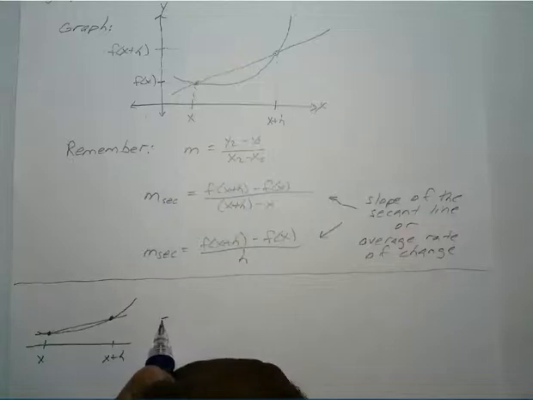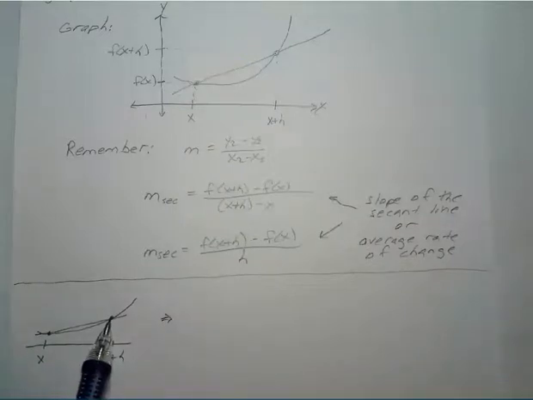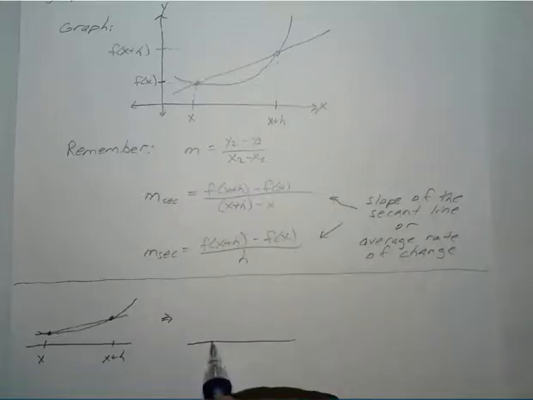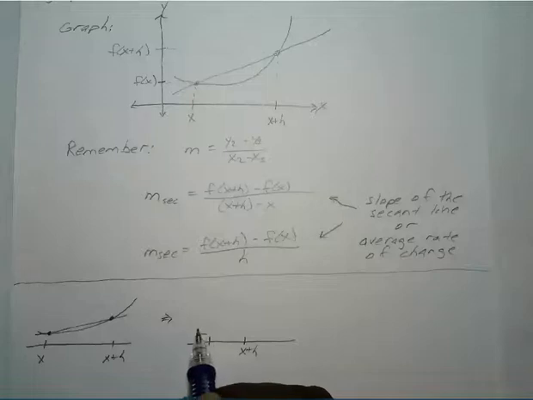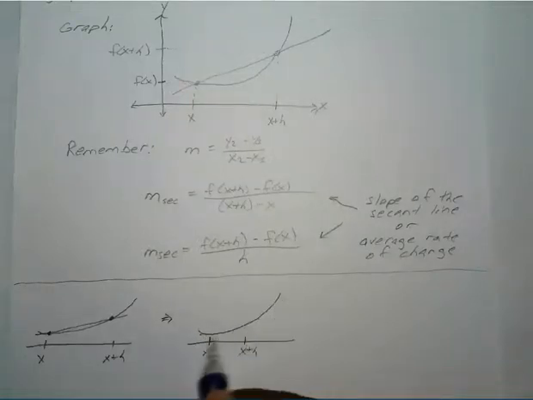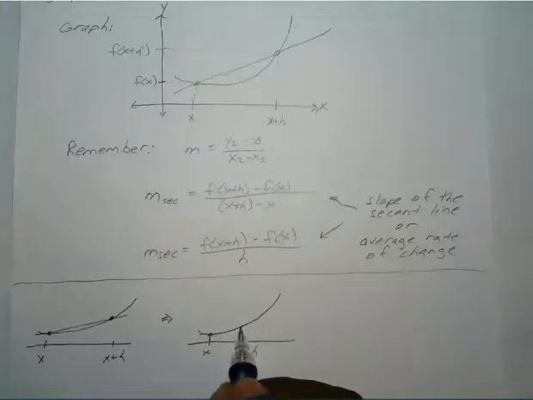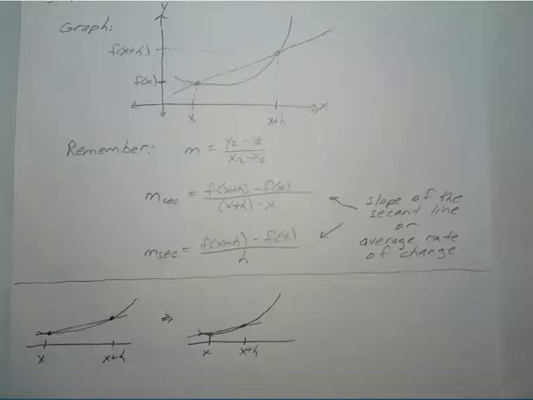But let's say that x plus h gets closer. Instead of being that far from x, it's a little closer. That's your x plus h. So we're looking at a slope that's a little bit closer.